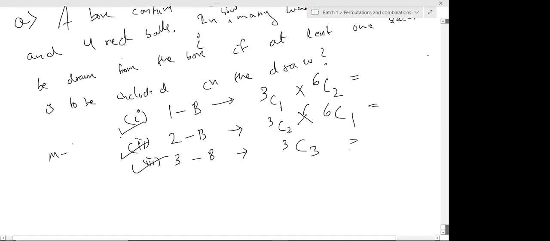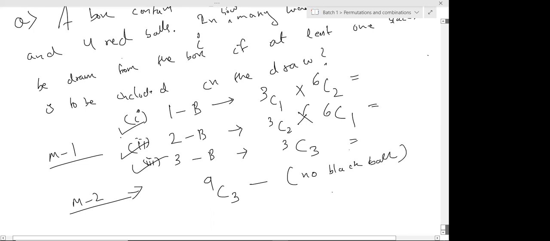This is method 1. In method 2, you can do one thing. You choose total 3 balls out of 9 balls and subtract all the cases where no black ball is chosen. If you cancel that from this, you will have the answer.